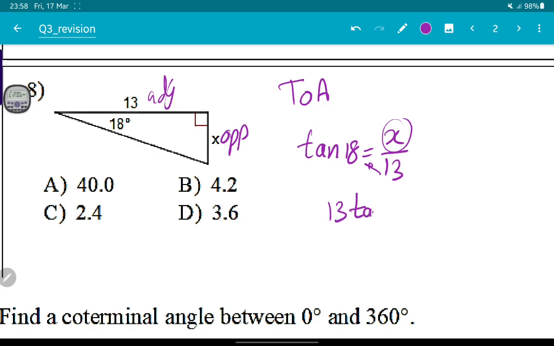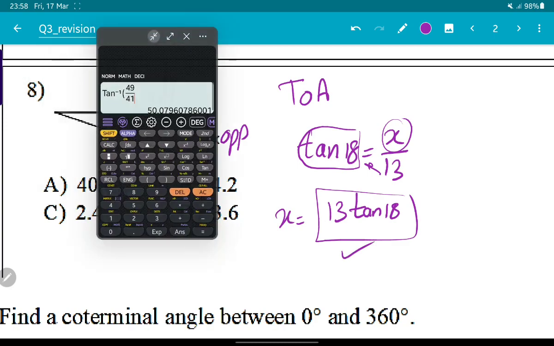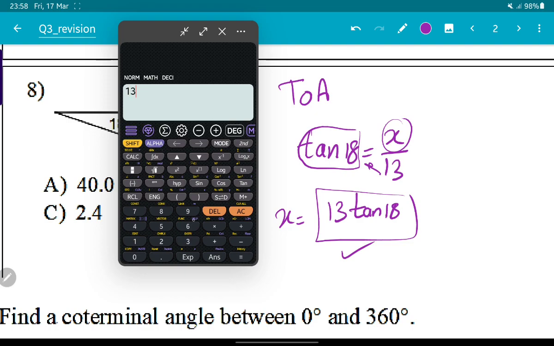You cannot multiply 13 with 18. It's one value. 13 multiplied by tan 18 on the calculator. Don't write x on the calculator. Write this only on the calculator, as I will show you now. 13 tan 18. If you found any errors by using the calculator, you can close the brackets to find the exact value. 4.2.